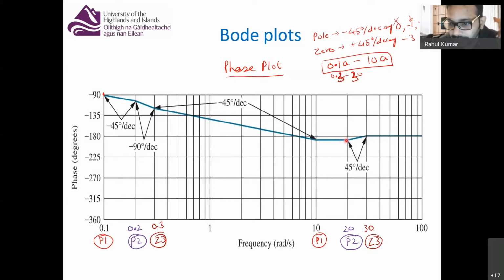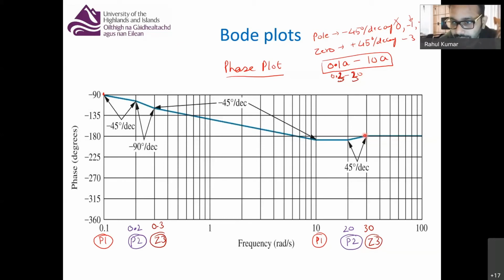Now at 20 radians per second, the effect of the second pole is ending, right? So it will further increase my slope, so it will increase to 45 degree per decade. Okay. Now at 30 radians per second, the effect of the zero is ending, right?